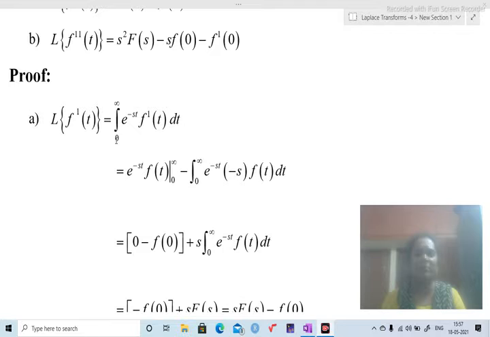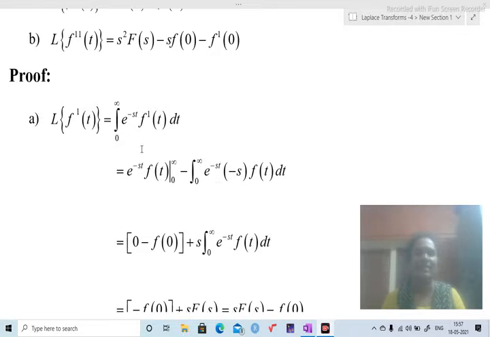Now by using integration by parts, we are going to get first function as it is. Integration of f dash of t is next term, but integration and differentiation cancel, then we are going to get f of t between limits 0 to infinity minus integration 0 to infinity differentiation of first function.